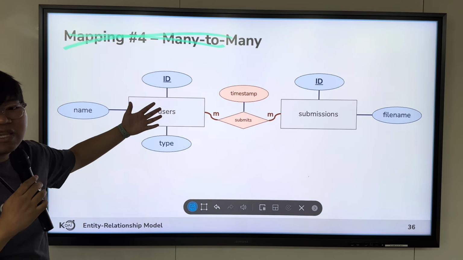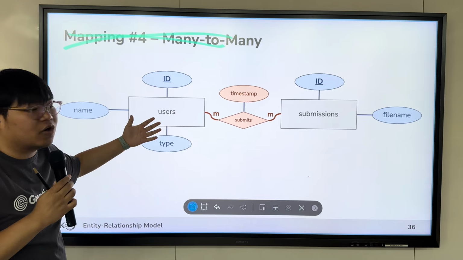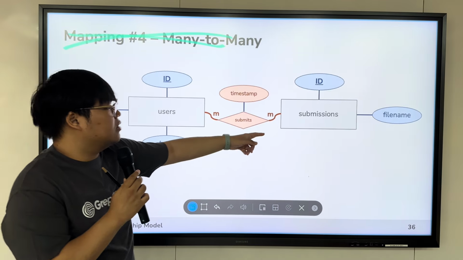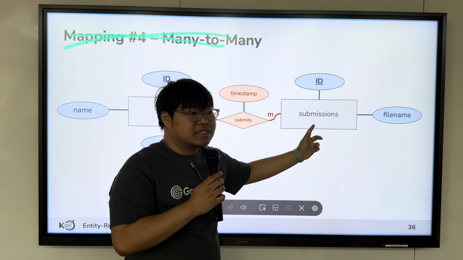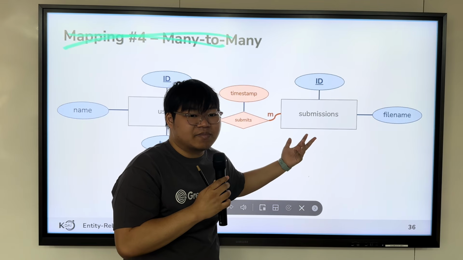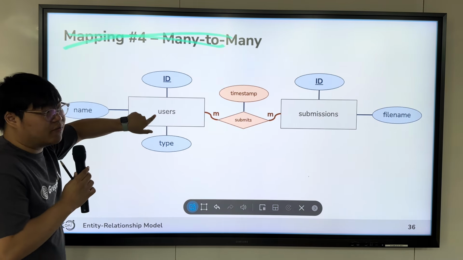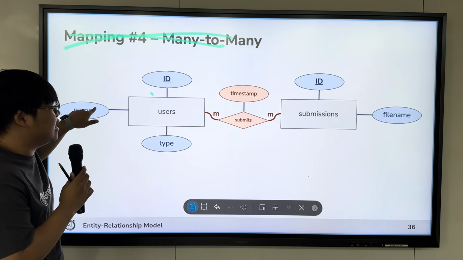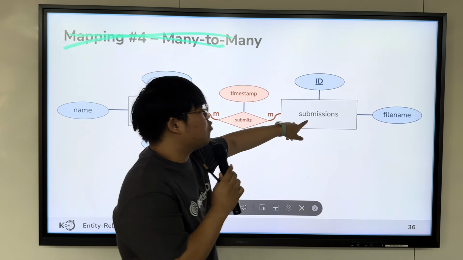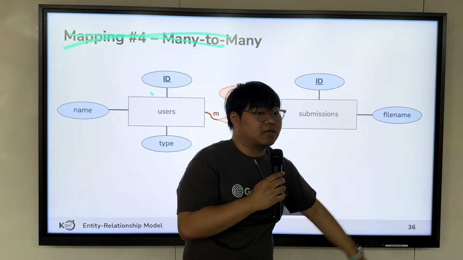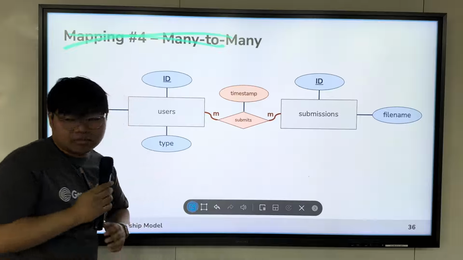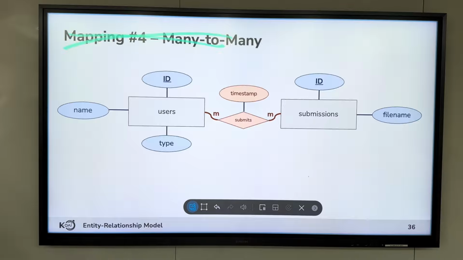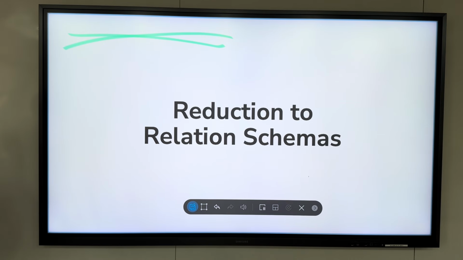So basically, in the database, you should have a table for users, right? We have the submissions. It means that in your database, you should have a table for submissions, in which users will have 3 columns, right? ID, name, and type. Submission has 2 columns, ID and findings, right? That is the entity set.